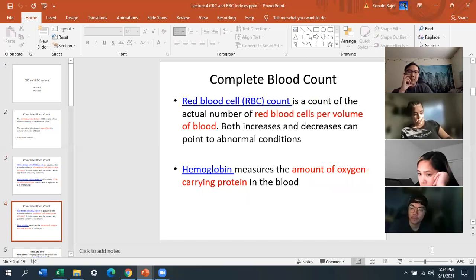If you have a white count of 15,000, 20,000, maybe up to 30,000, you probably have a bacterial infection. There are other things to look for in a bacterial infection too.